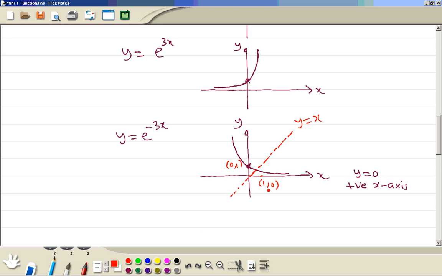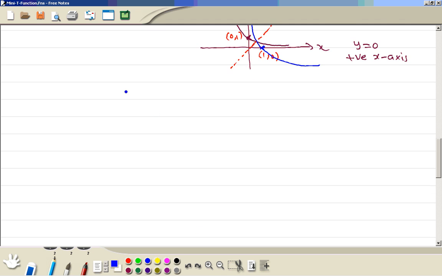The asymptote here was y equal to 0, the positive x-axis. This will be x equal to 0, the positive y-axis. Then it's going to go through this point. So it's coming from there, and it goes down. So this is the reflection of this curve, like this.